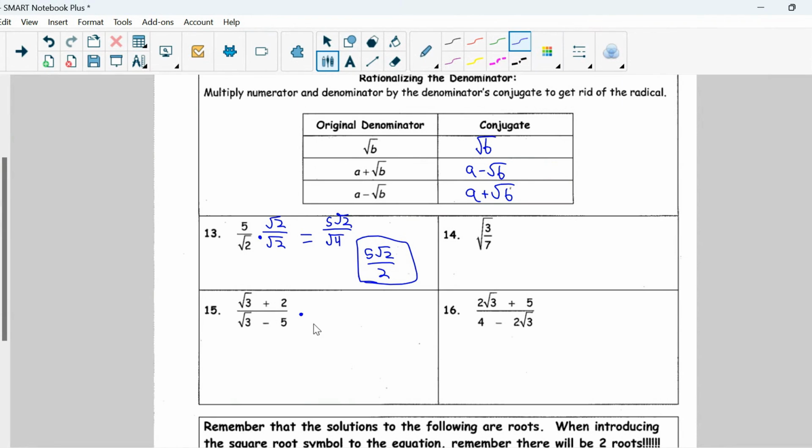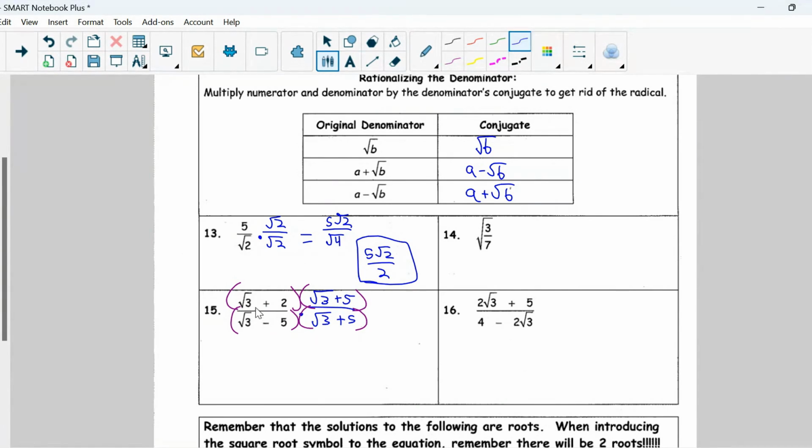So we must multiply by the square root of 3 plus 5. And if we do that to the denominator, we must also multiply it by the numerator. Okay, if we were to multiply this, you would have to FOIL. Okay, so if it helps, feel free to put parentheses around your sets of terms.